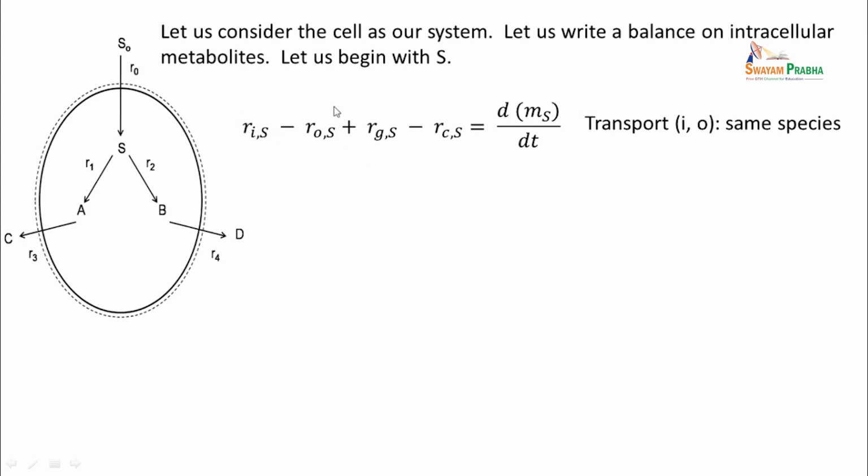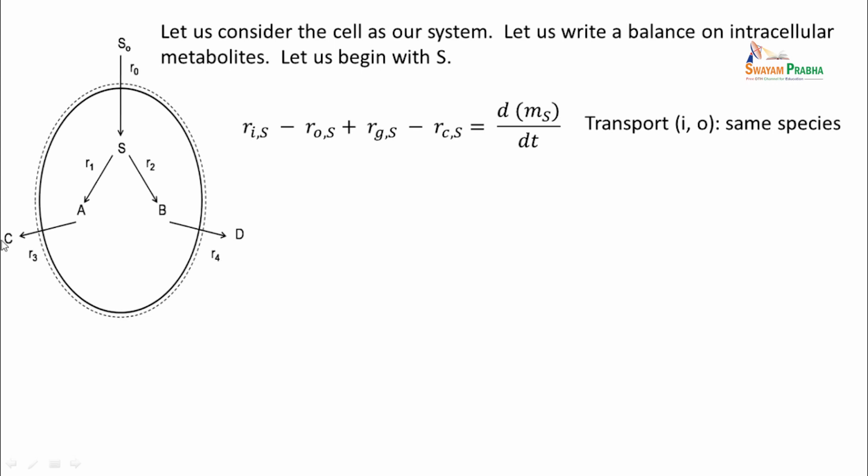Otherwise, we consider it as a reaction term, which could be accounted for in generation or consumption. But we need to make sure that we count it only once. We cannot count it as input as well as generation, even if you want to follow a different strategy. If you follow this strategy, that if S0 becomes S, then we consider it as transport. If S0 becomes something else inside, then it becomes a reaction.